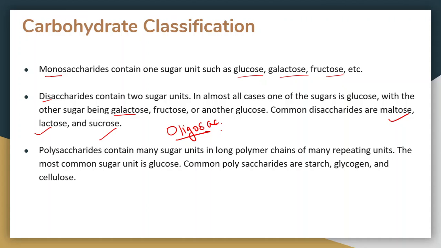Here oligo means less than 10 units, so if less than 10 monomeric units are present, it is an oligosaccharide. A polysaccharide contains many sugar units, more than 10, in long polymer chains of repeating units, and most commonly it is glucose. Common polysaccharides are starch, glycogen and cellulose, right?